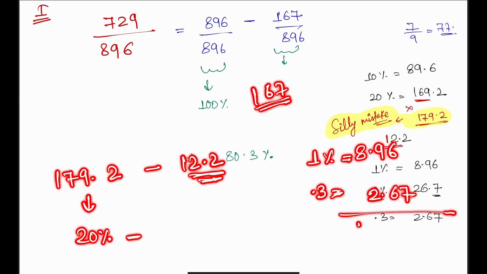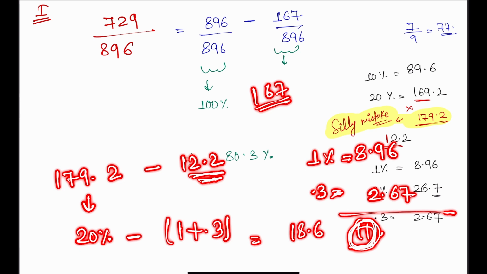So 8 to 10, 11, approximately 11 I am getting. So can I just minus over here 1 plus 0.3, so it will be 18.6, or if I take 4 over here, then it will be somewhat 3 or 4 also, right?